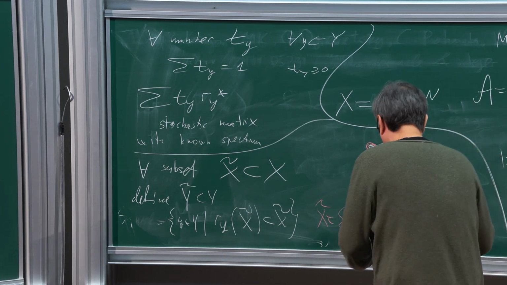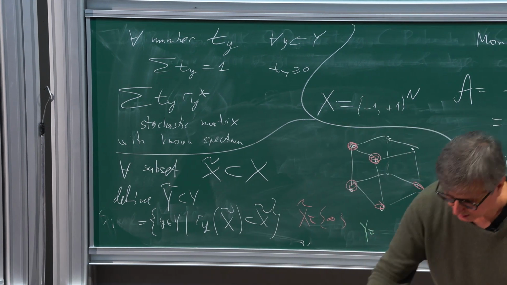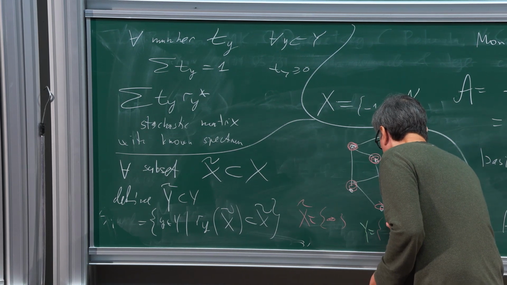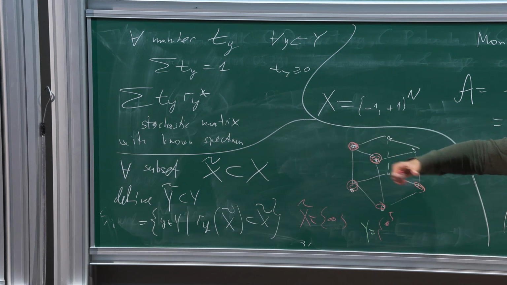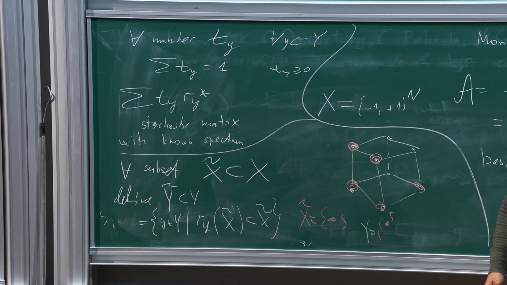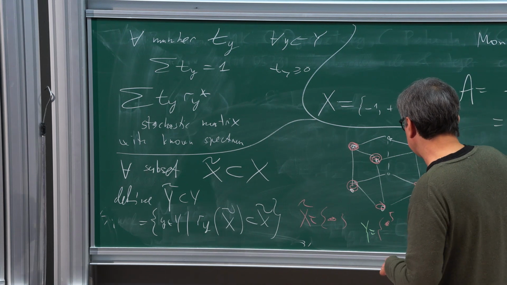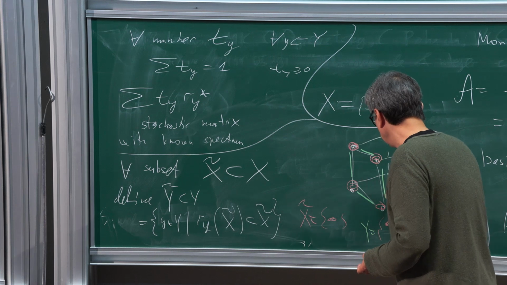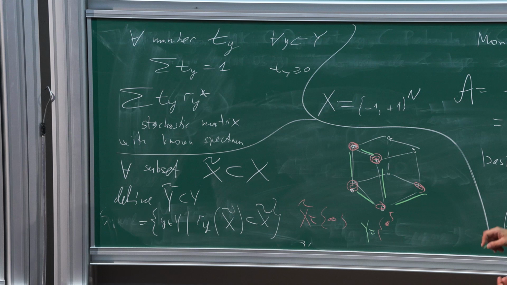And y tilde will first be all 5 vertices, because if you have a vertex, then everything retracts to this vertex, so it definitely preserves x tilde. But also we can retract to some edges, and I see 5 edges to which I can retract.